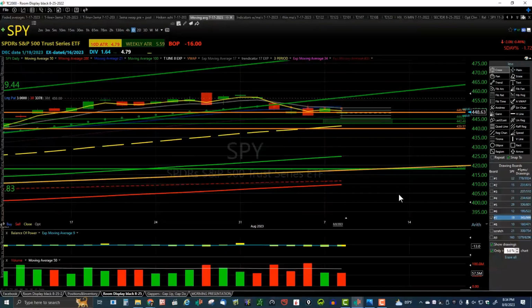In other words, the 3 is on top of the 8 on the 30-minute chart. Okay, the 3 is on top of the 8, and the price is trading at the 3 or above. And then all 3 of those, the 8 EMA, the 3 EMA, and the price action, all trading over VWAP if it's a long trade. In other words, bullish. And if it's a short trade, everything's trading under VWAP. Does that make sense?